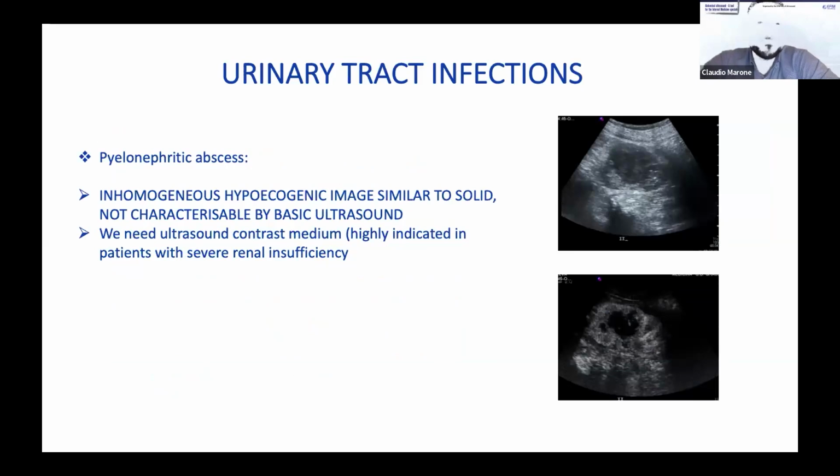It's often difficult to characterize between it and a solid neoformation, and it's important to use the ultrasound contrast medium. But about this we are going to talk maybe in another webinar, as it's a really long discussion.